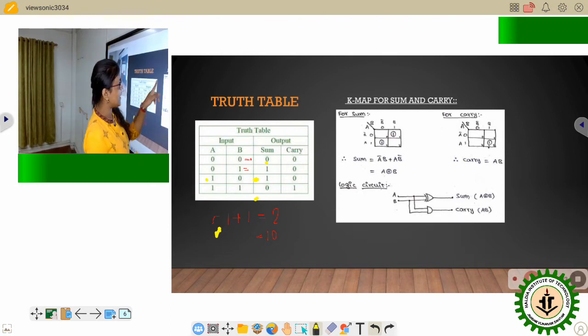I have drawn the K-map for the sum and carry.